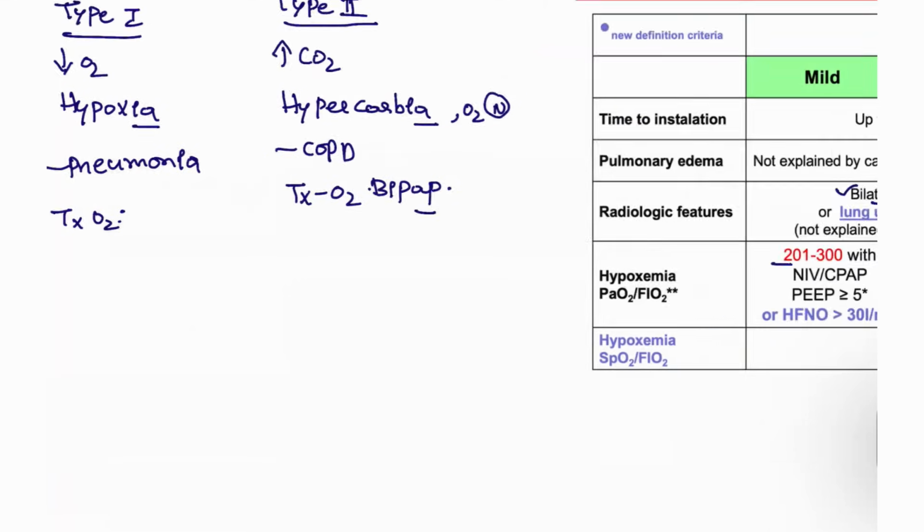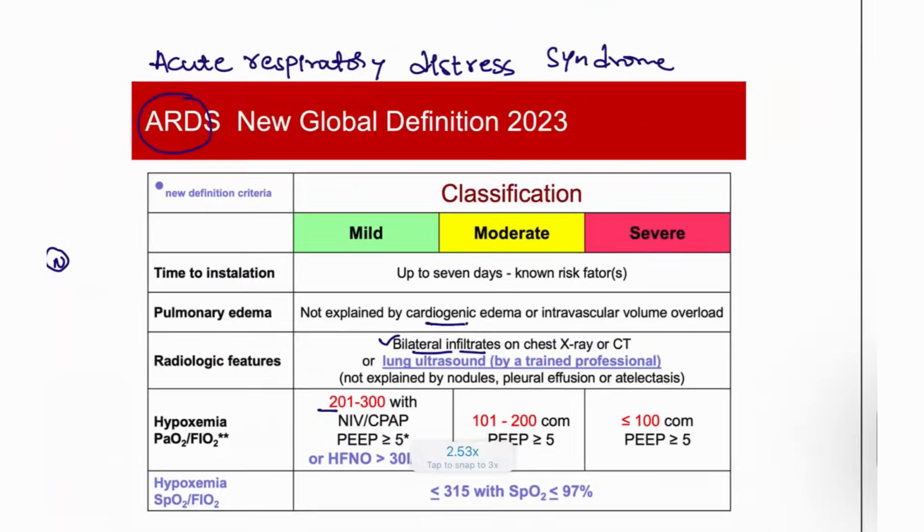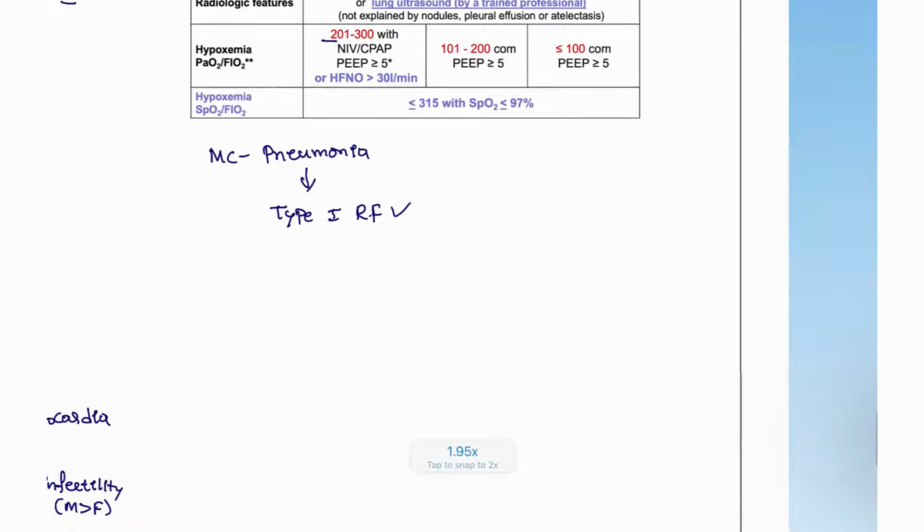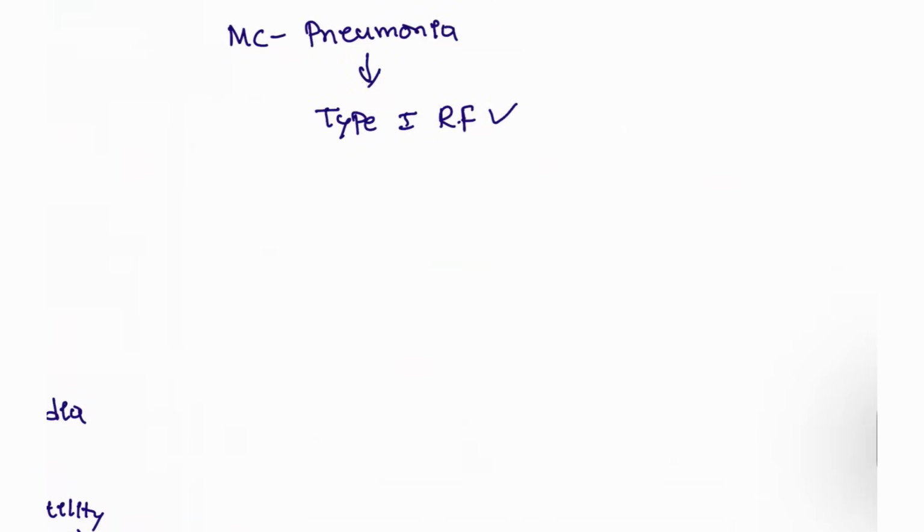Next, moving on to ARDS. ARDS is a complication of pneumonia. Most commonly this is due to pneumonia, which will eventually lead to type 1 respiratory failure, right? So what is happening in ARDS? ARDS is going to damage the type 1 and type 2 pneumocytes. These cells will be damaged.